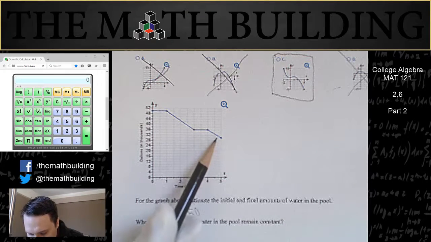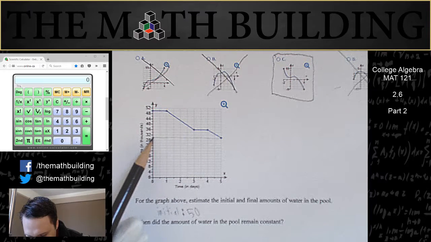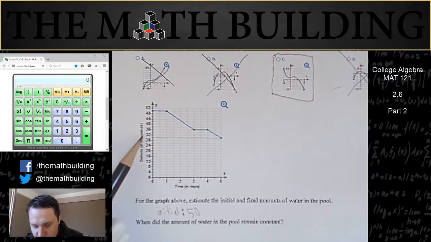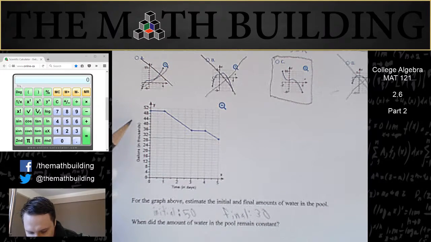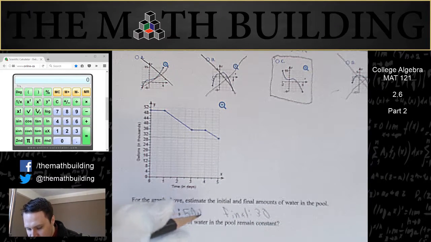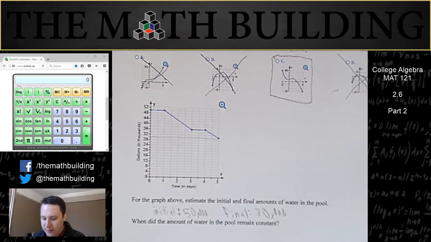And let's say the final level in the pool will be right here. If I just follow this along, that to me looks like it's in between 28 and 32. So the final amount of water is going to be 30. And this is in thousands of gallons. So it'll be 50,000 we started at and 30,000 we finished at.